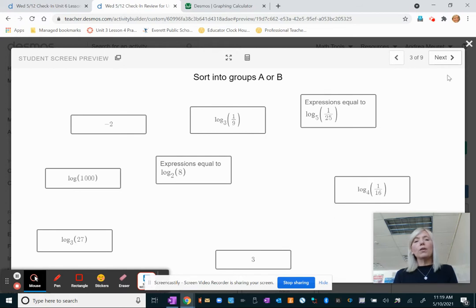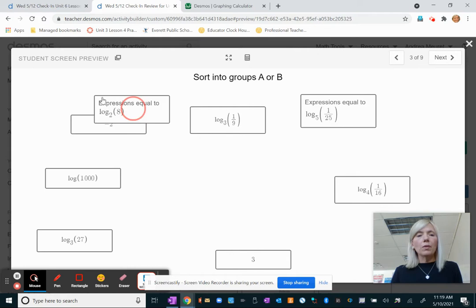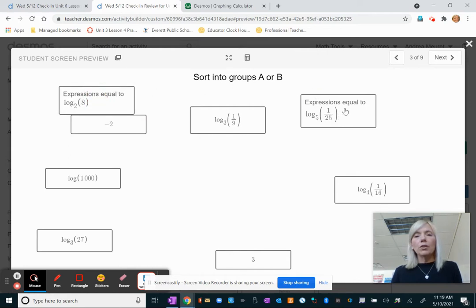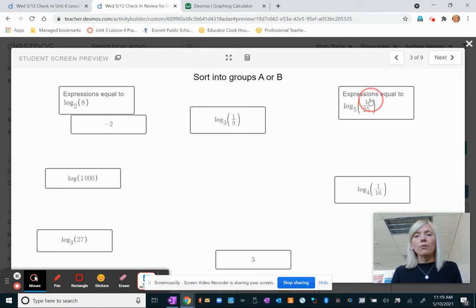We have another card sort where we're sorting into groups A or B. So group A is expressions equal to log base 2 of 8. And group B is expressions equal to log base 5 of 1/25. So I'm going to start with this -2 here.